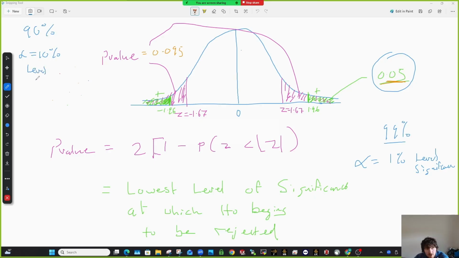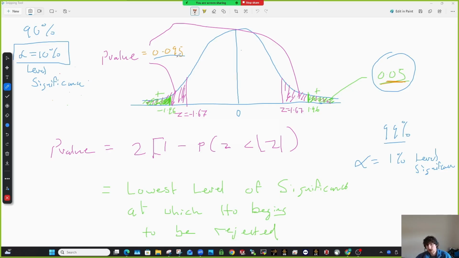Now, why are we bringing that up? So think about this now, okay? At the 5% level of significance, this p-value survived. In other words, H0 got to live when it only had to beat the 5% level of significance. But if alpha was 10% and the p-value was 0.095, well, then we're going to start rejecting H0.